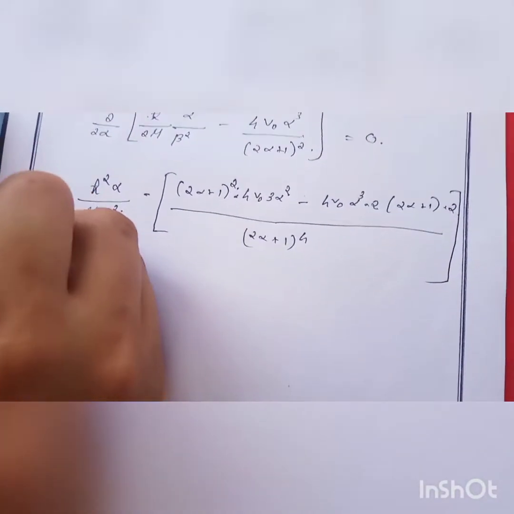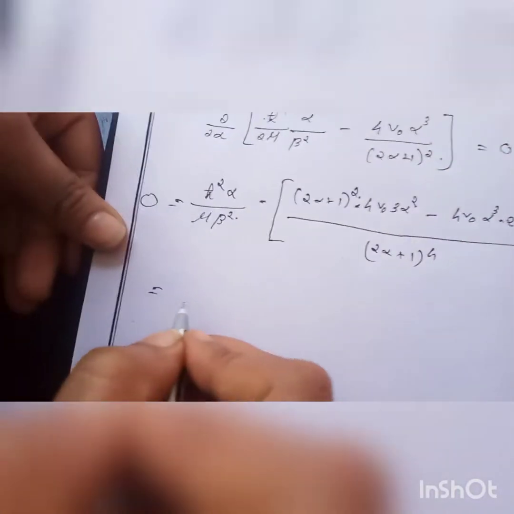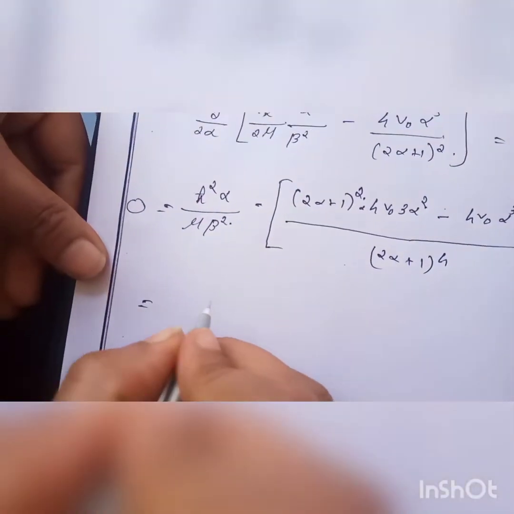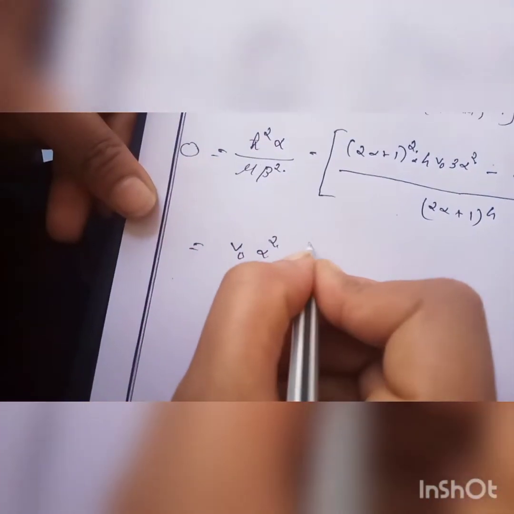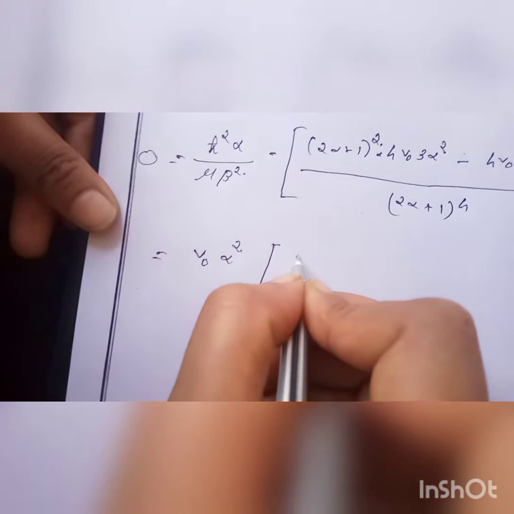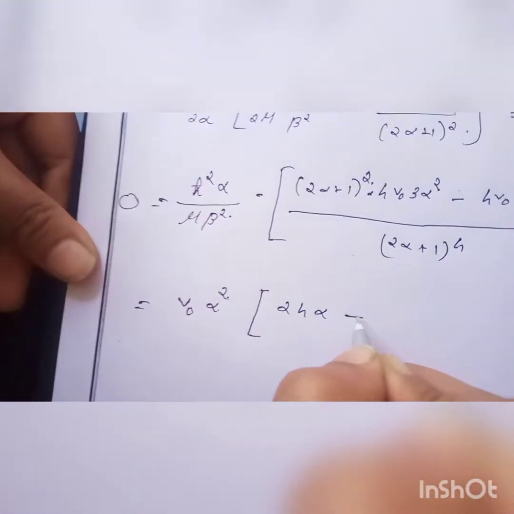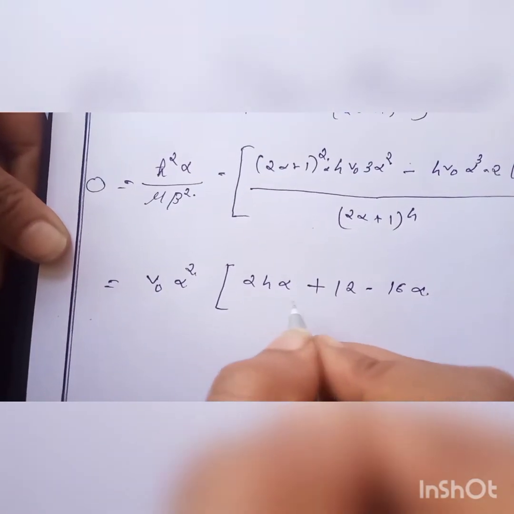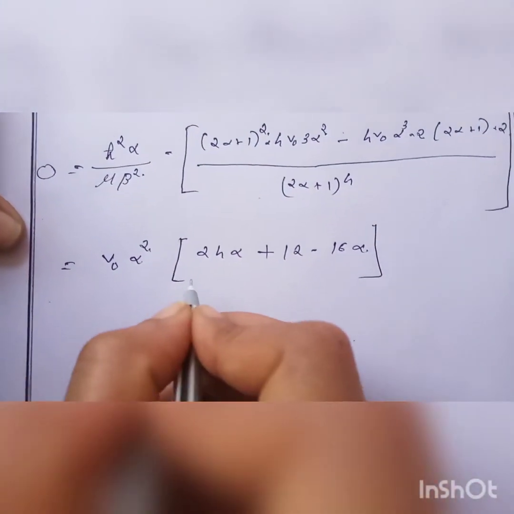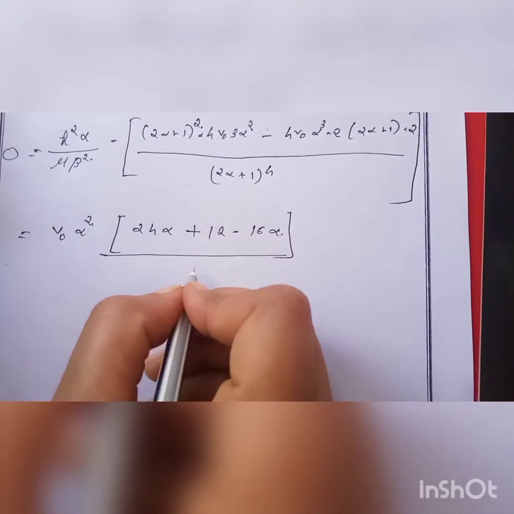It is equal to minus V0α² into (24α+12−16α) divided by (2α+1) the whole cube.